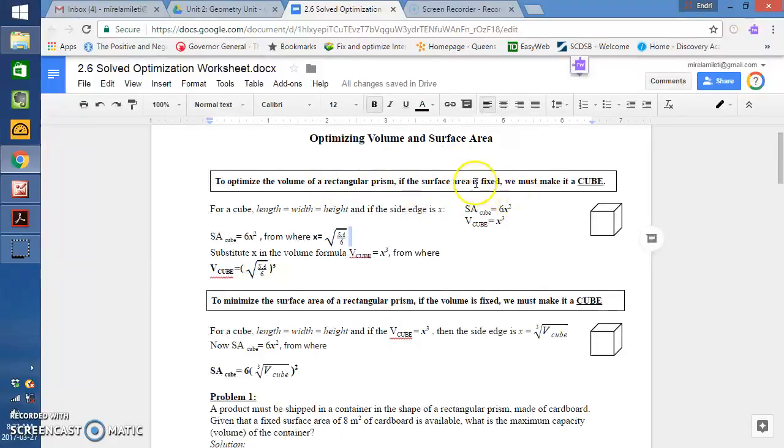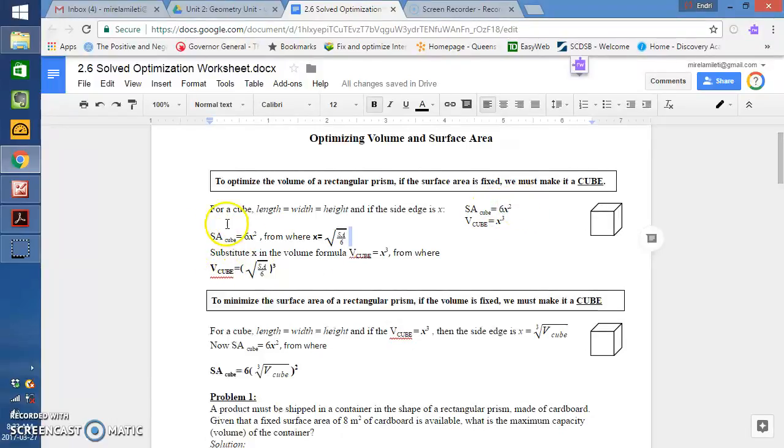We know that we must make that prism a cube, and we also know that the dimensions of a cube are all equal. If we assign the edge of the cube with the variable x, then knowing that the surface area of a cube is 6x squared, the area of each face, since a cube has 6 faces, we can figure out what are the dimensions of the cube.